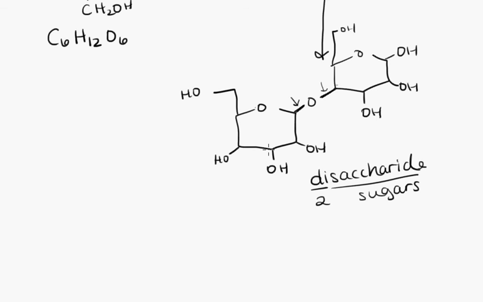Okay, so that's all well and good. And we can keep drawing that, and then as you draw more and more, over here, this could bind to another sugar, and that would be a trimer, and then this could bind to another sugar.